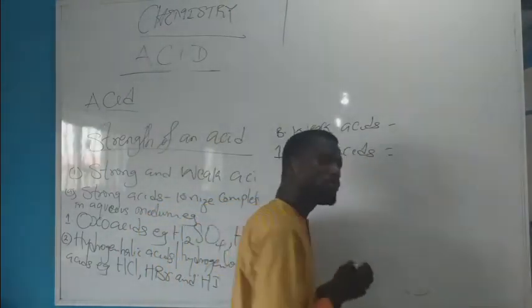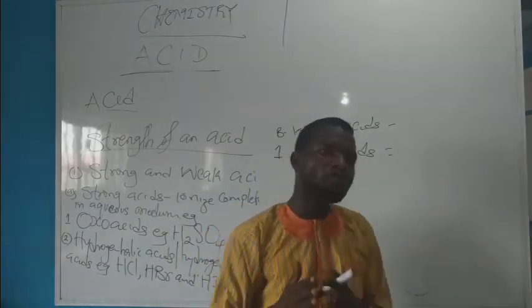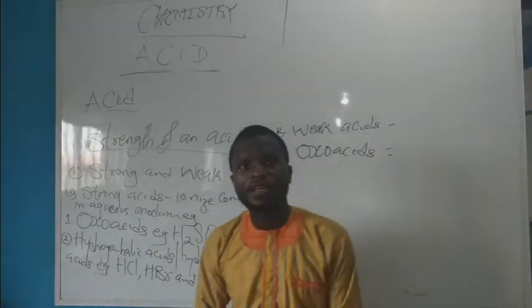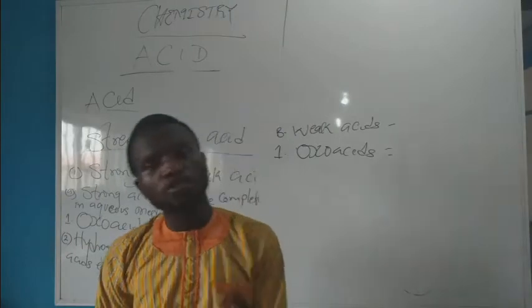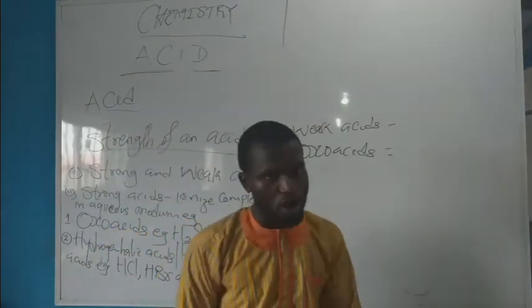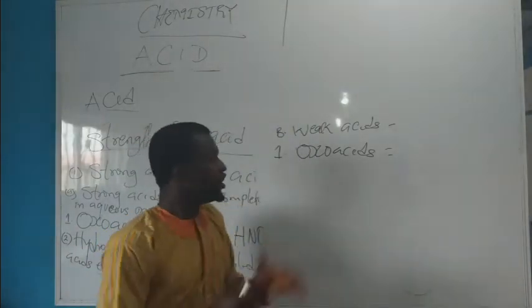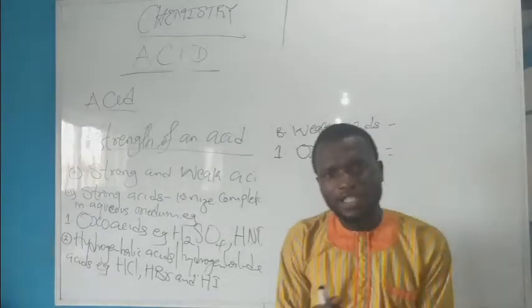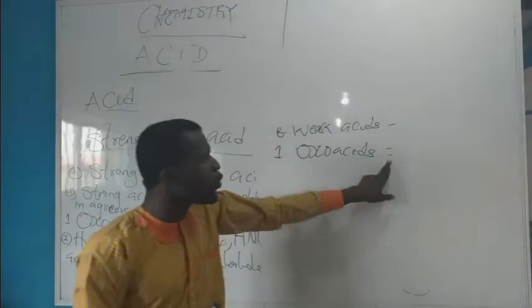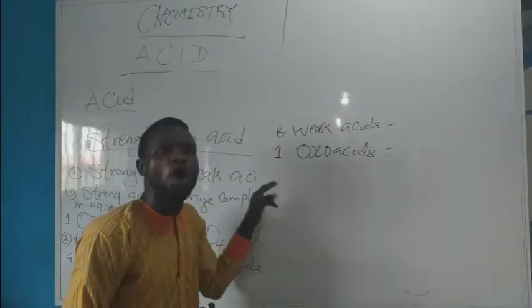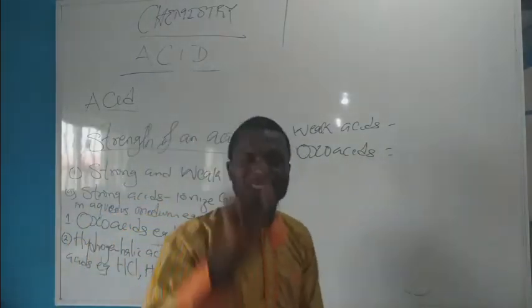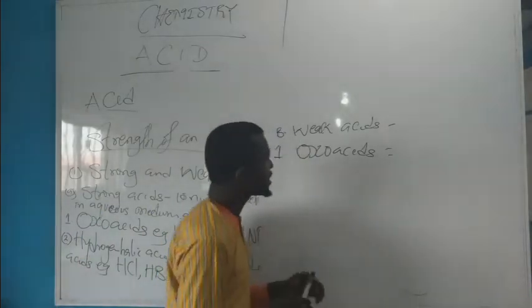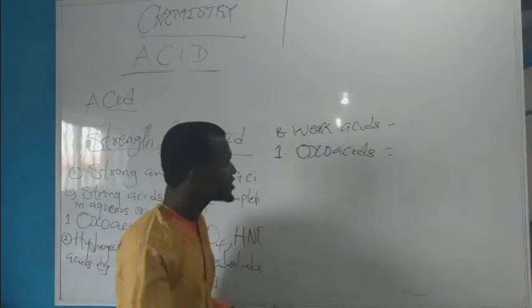Remember the rule for strong acid: if the number of O atoms exceeds the number of H atoms by 2 or more, the acid is said to be strong. On the contrary, if the number of O atoms is equal to the number of H atoms or differs by less than 2, the acid is designated as weak.